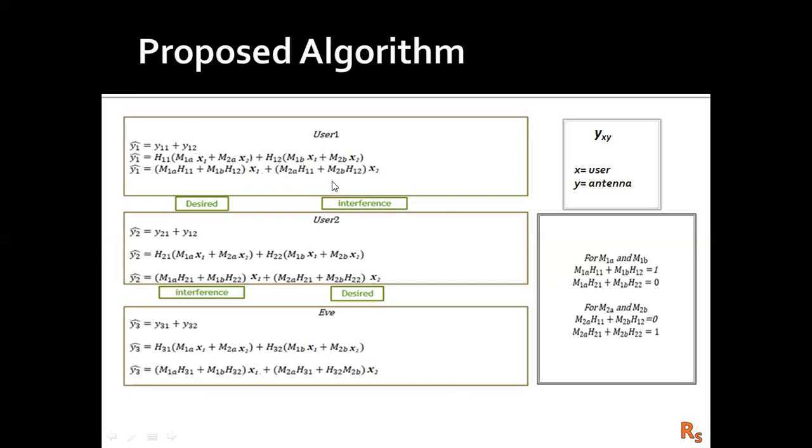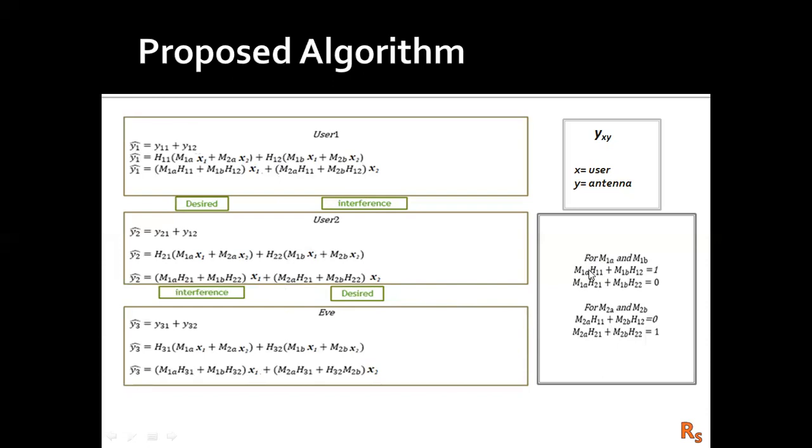Similarly, for designing the other sets of precoder matrices, we consider the desired term of user 2 as equal to 1, and the non-desired term, that is the interference term of user 1, as 0.